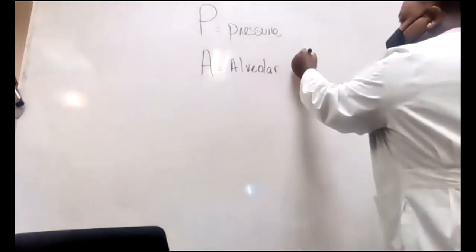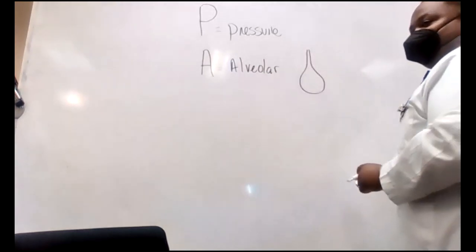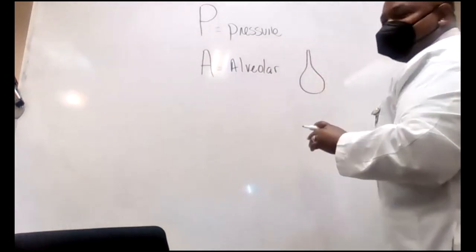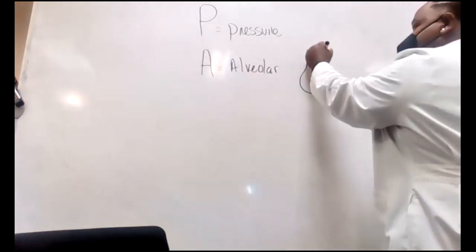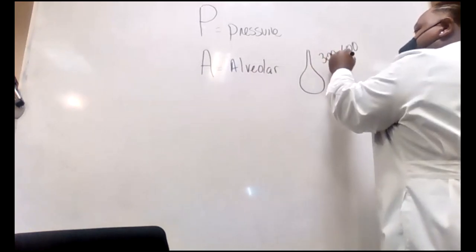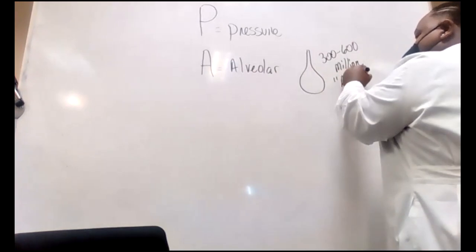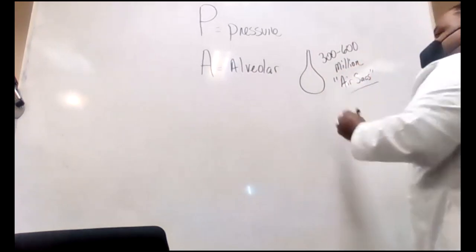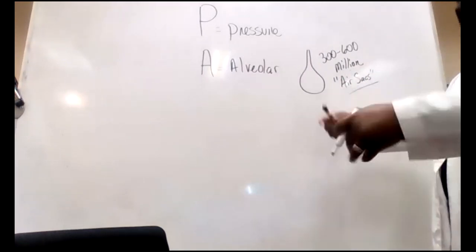Alveoli are little bitty air sacs inside of your lung. We have 300 to 600 million of these little air sacs. That's what they call them, alveolus or alveolar.